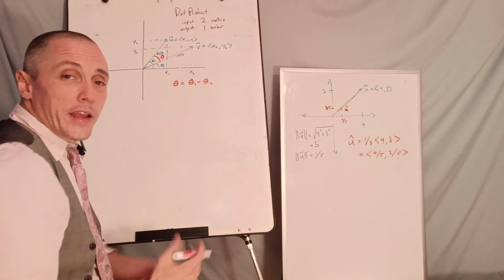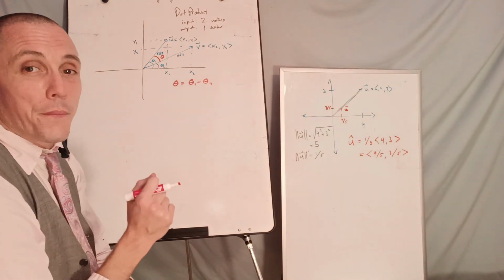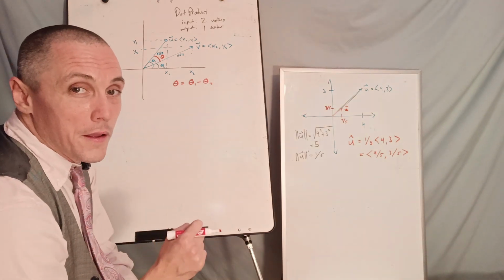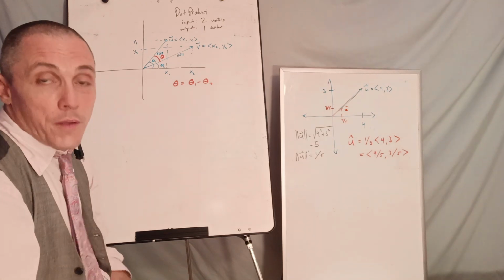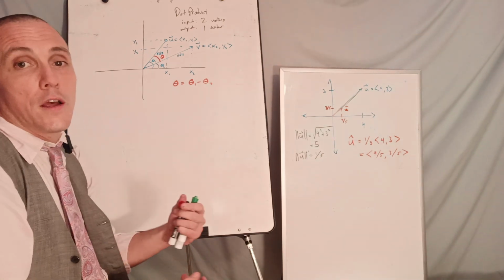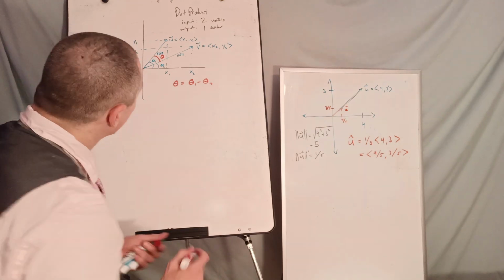And you might say, well, hey, does it matter what order I pick them in then? And for the purposes of the dot product, it will not. But in general, it will. So in general, that is a consideration that's very important. Which one comes first? But this is going to turn out to be commutative. We'll see that in a second.